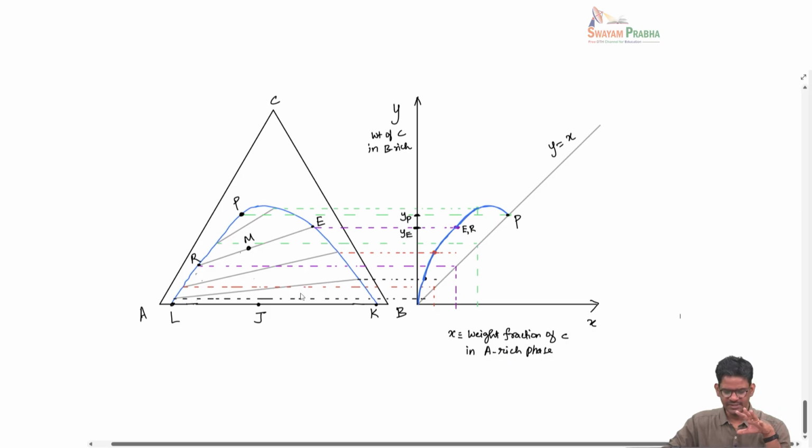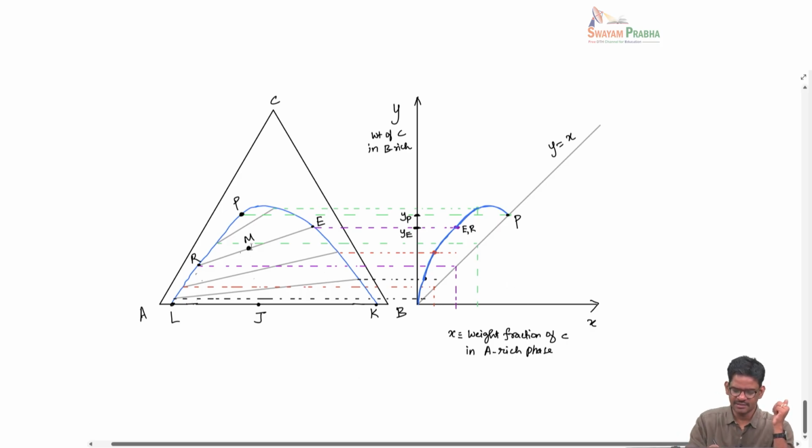Whatever information is already there, we are trying to collect it and put it in a different format, because we are very much tuned to writing y versus x equilibrium diagrams for absorption, desorption and distillation and so on.